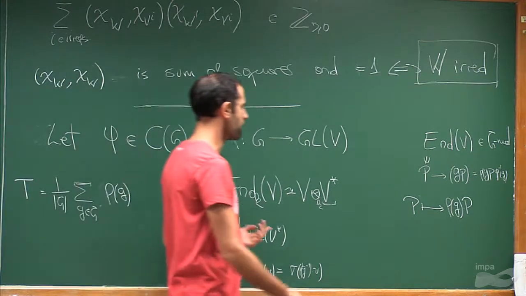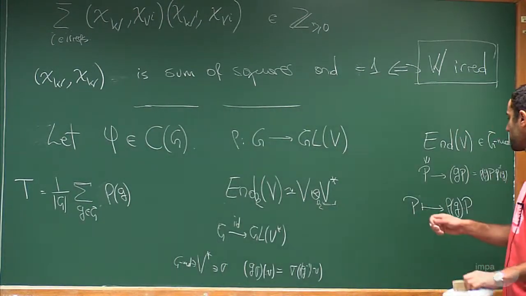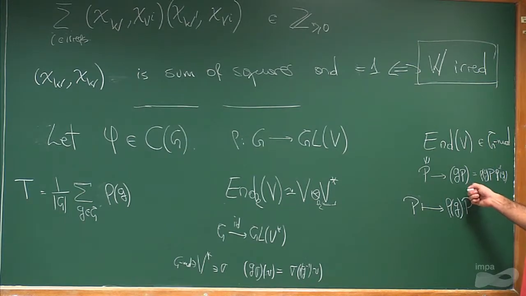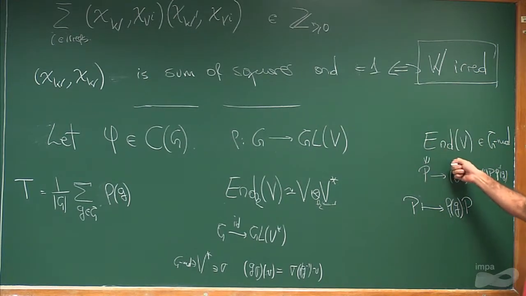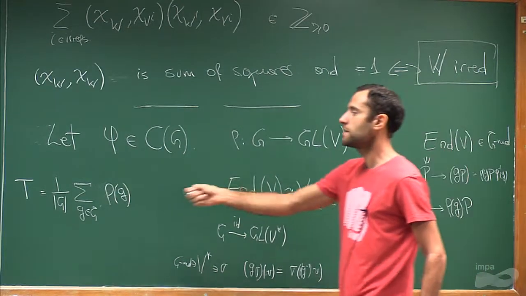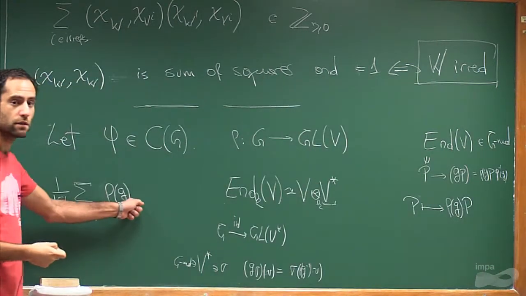All right, so the point is, if I take this representation by multiplication on the left, and I look at one particular vector, the only vector that I have here in endomorphisms of V, then this is the orbit of the identity.